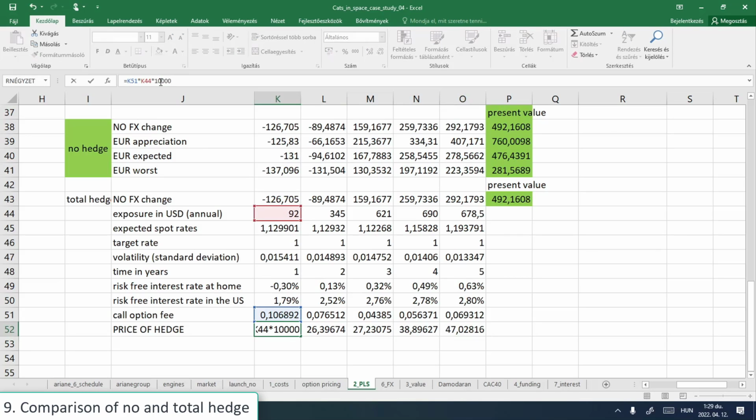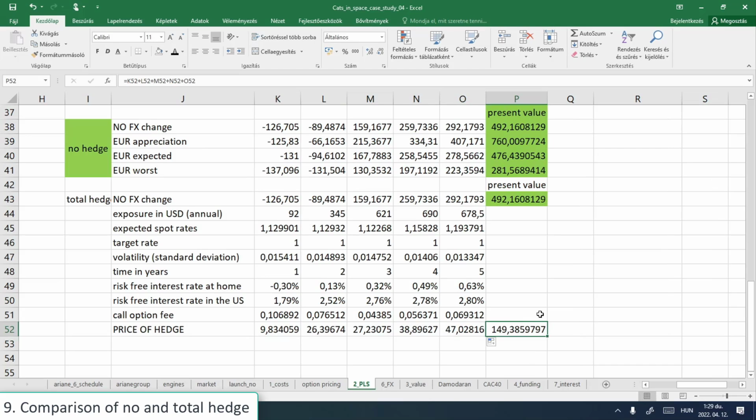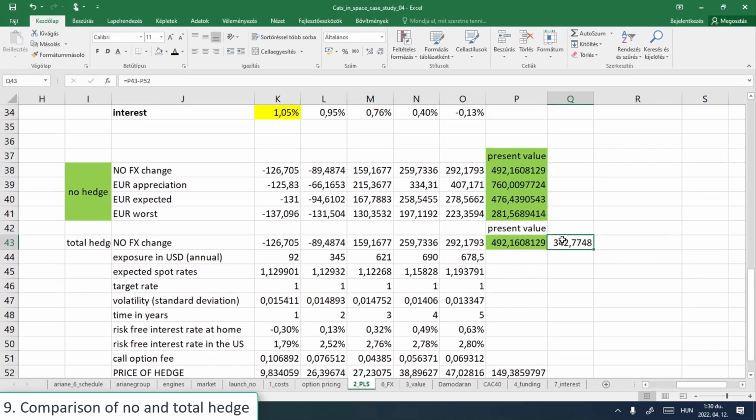So altogether our beauty sleep would cost the company 150 million euros. So this is what we have to consider, taking this number out from here, so this minus this, versus all the possibilities.